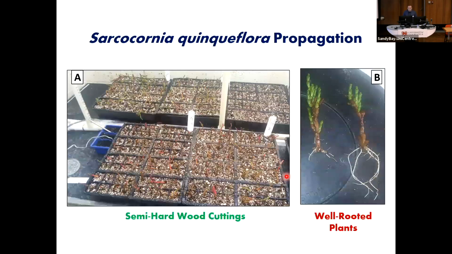Therefore, we collected Sarcocornia quinqueflora plants from the South Arm coast of Tasmania, and we asexually propagated these plants from semi-hardwood cuttings.